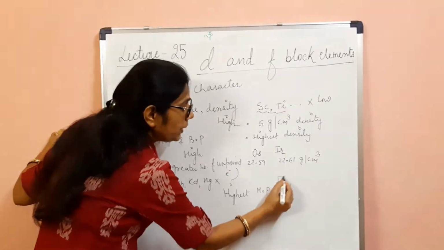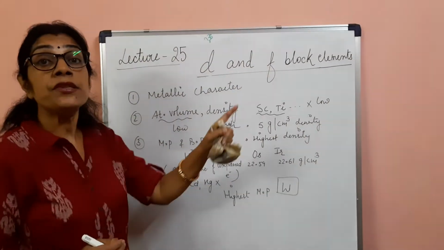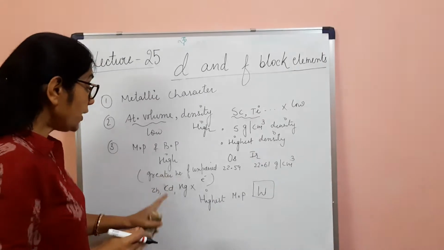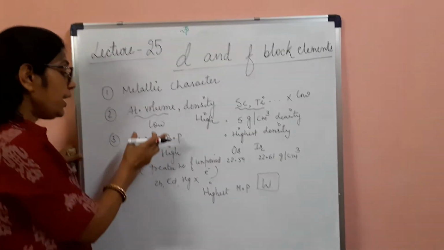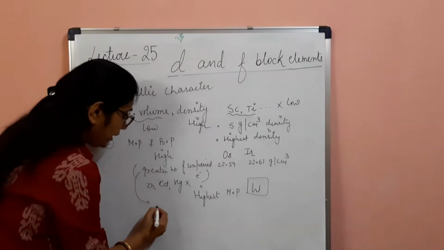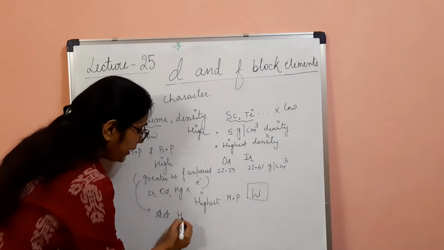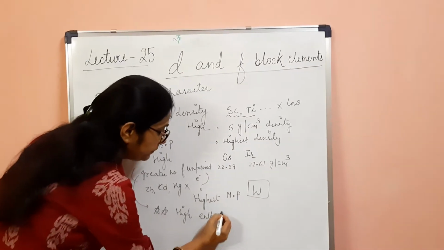Symbol is W, coming from Latin wolfram, around 3763 Kelvin. Imagine such a high melting point lies with tungsten, and because of the greater number of unpaired electrons, they have high enthalpy of atomization.